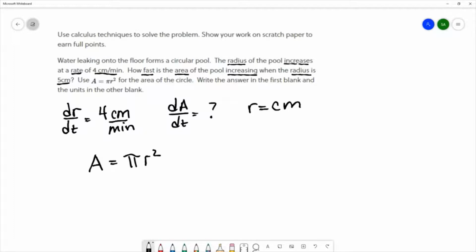And in order to use calculus on this, I need to introduce the rates that we're given and trying to find in this problem. So we're going to use this geometry formula to introduce the rates by calculating the derivative with respect to time on the left and the derivative with respect to time on the right.